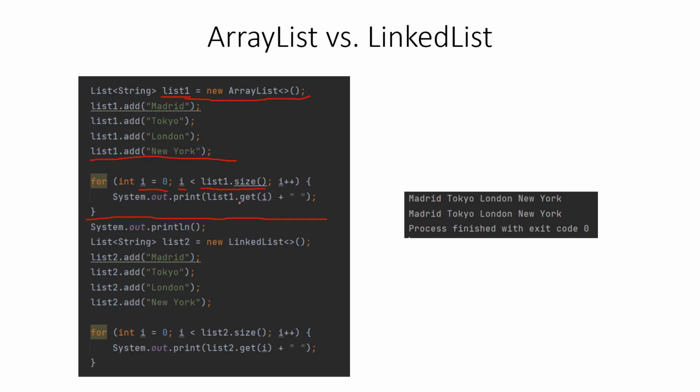To get each element by index, we write list1.get, and inside the brackets you write i, the index, and then it prints out the element. Same for the linked list. We have added some elements like Madrid, Tokyo, London, the same elements, and then we printed them. As you can see, both of them provide the same results and almost the same code, but again, the implementation of the ArrayList and linked list is different.